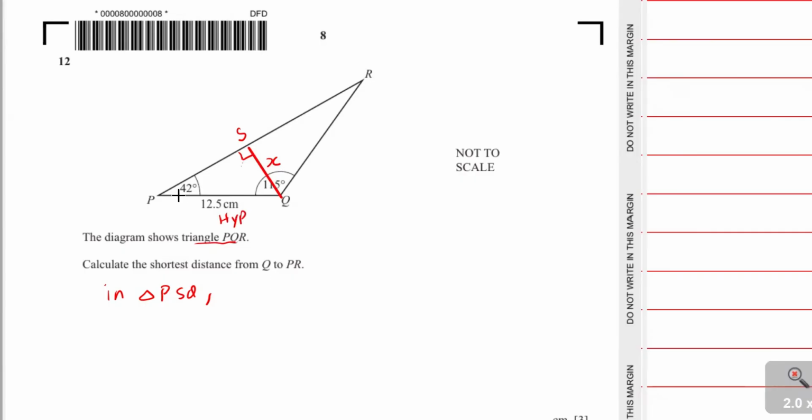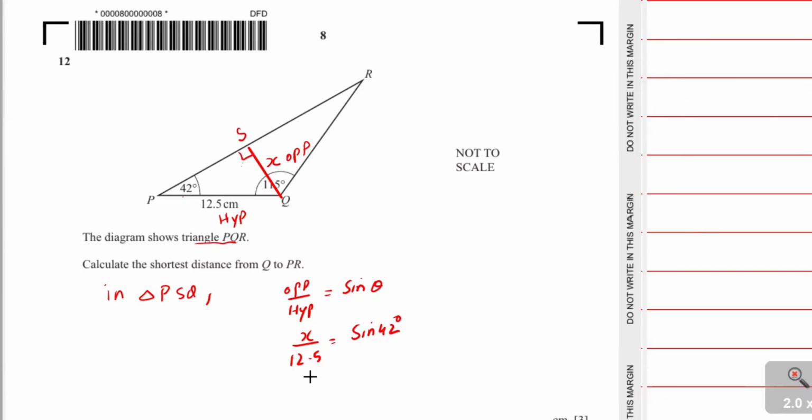In right angle triangle PSQ, we use the trigonometric ratio to calculate value of X. Opposite to this angle is X, this is opposite side. We take the ratio opposite over hypotenuse, and this ratio equals sine theta, and this opposite length is x, hypotenuse is 12.5, and theta is 42.